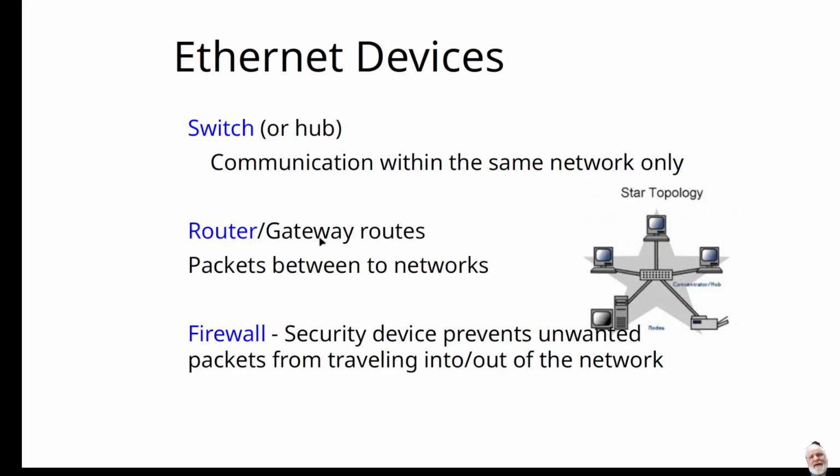It could be a different router, but you would have a box on both networks that is set up, and then you would have to set it to be your route over to this separate private network. And then a firewall is a security device, or really it's a software program running on a device that looks at these packets and the addressing and decides whether to let the packet through the system or not.